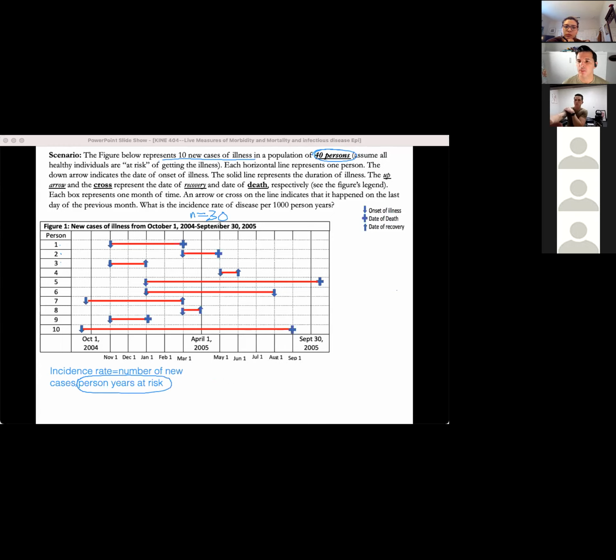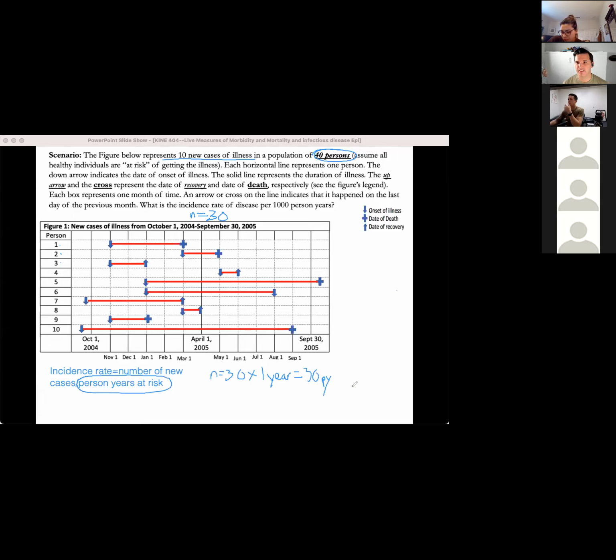They're all healthy for that entire time period. So that means I have my N equals 30 who are not represented in this figure. They're each at risk for the disease for 1 year. So that means those 30 people contribute 30 person years at risk for the disease during that 1 year period.